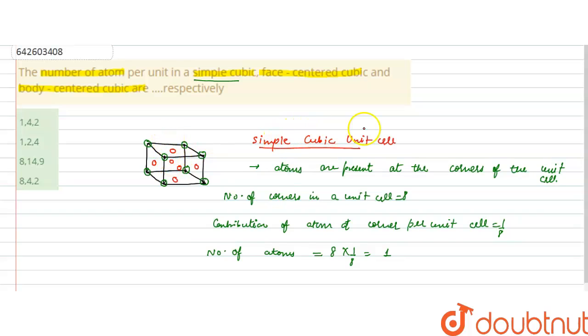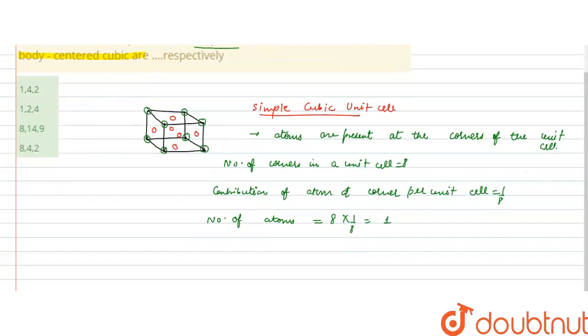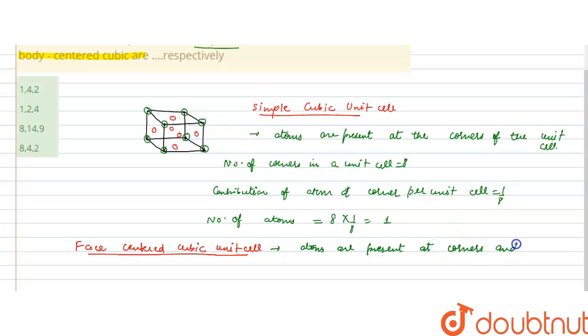So we can say in a face-centered cubic unit cell, atoms are present at the corners and at the center of the faces of the cubic unit cell.